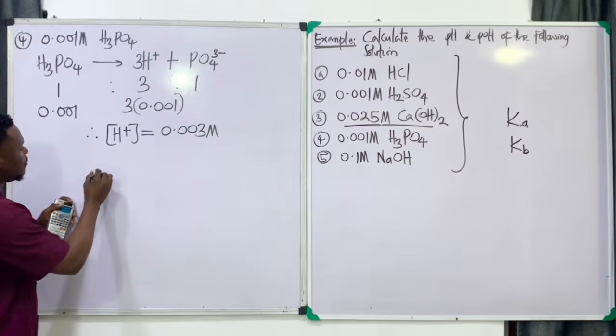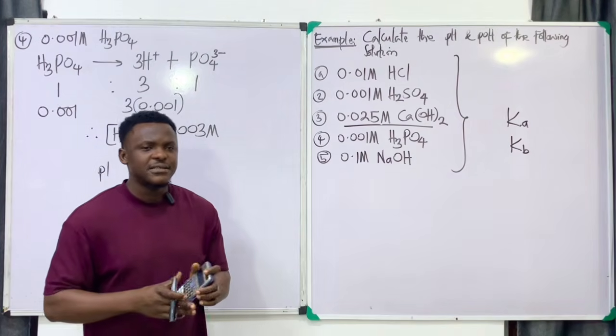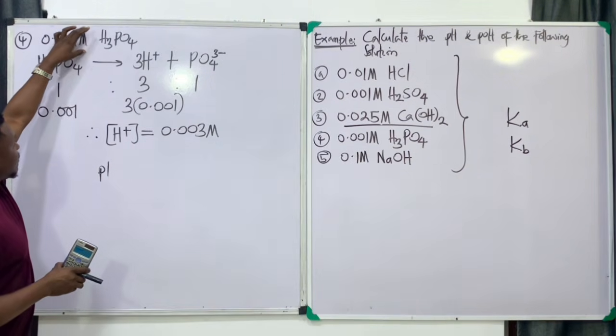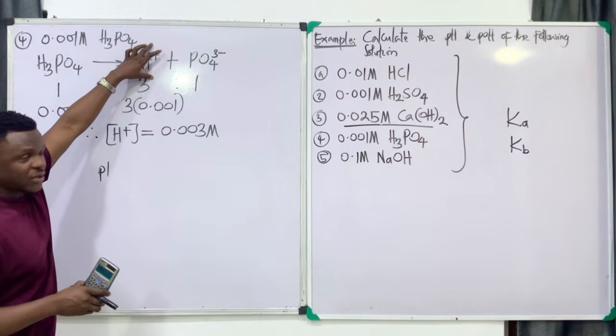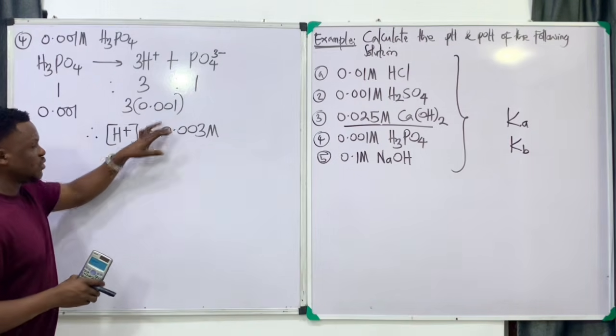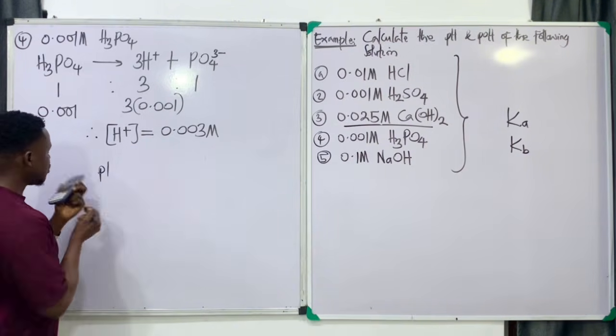Alright, so when you now come here, you say since I am asked to solve for the pH of an acid, they gave me an acid. From this acid I've gotten the H plus, because the formula of pH needs H plus. So all I have to do is replace this value into the formula of pH.